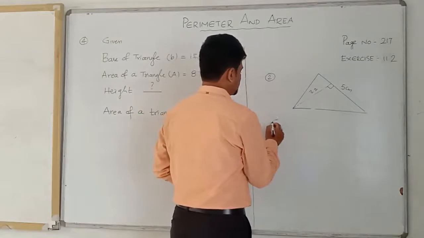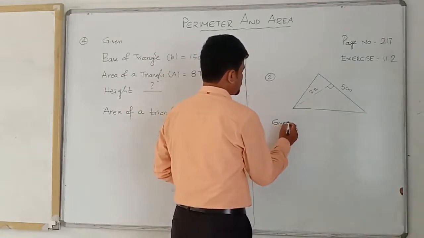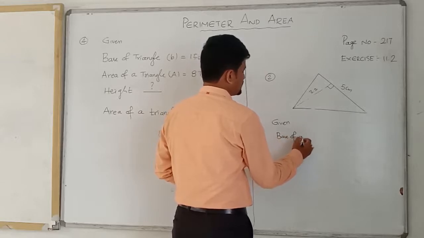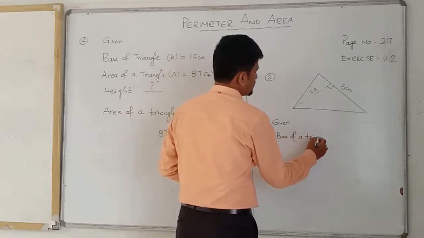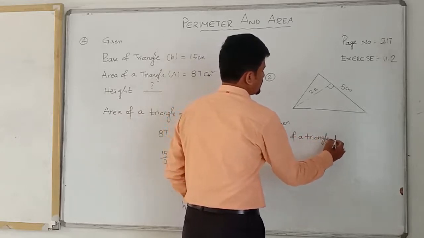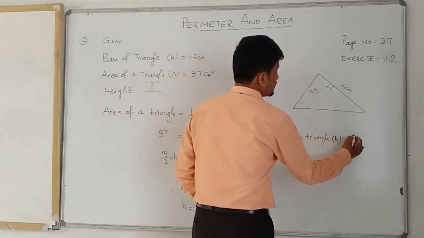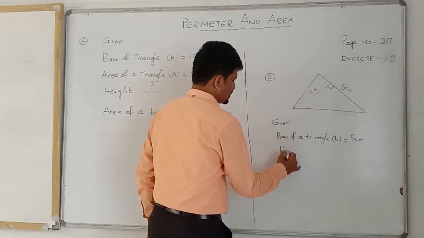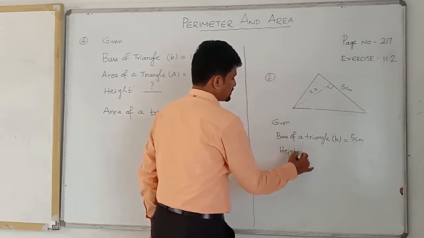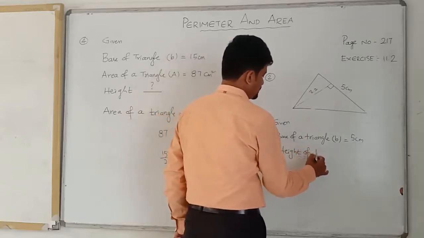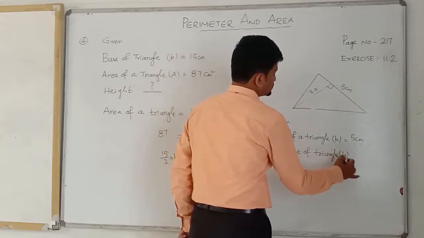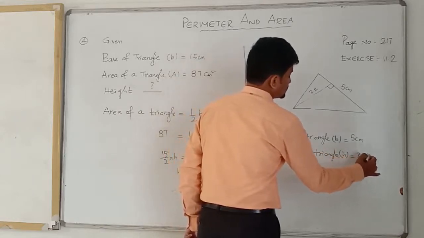Now given: base of the triangle is 5 centimeters and height of the triangle h is equal to 3.2 centimeters.